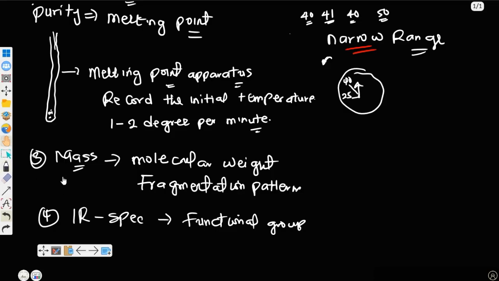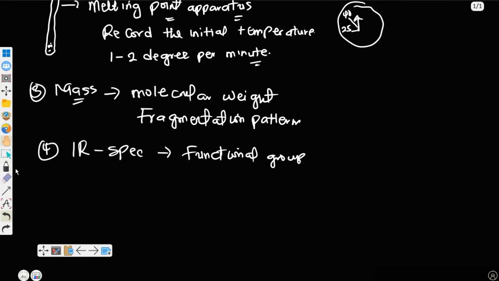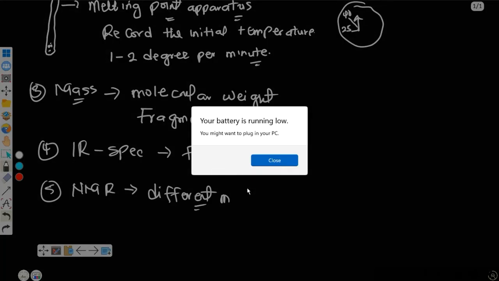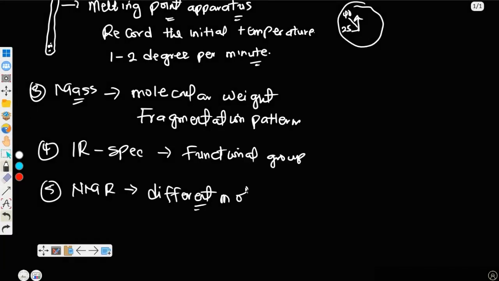Then you can use NMR. I'm talking about the full characterization. What will NMR give to you? It gives you information on the different molecular environments of various nuclei. Then you can use X-ray crystallography to give you the three-dimensional structure.